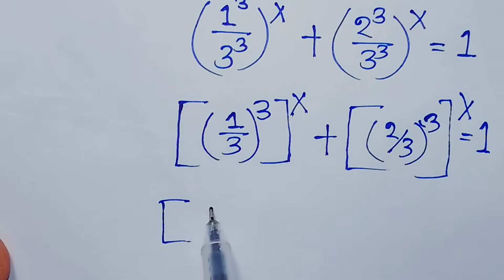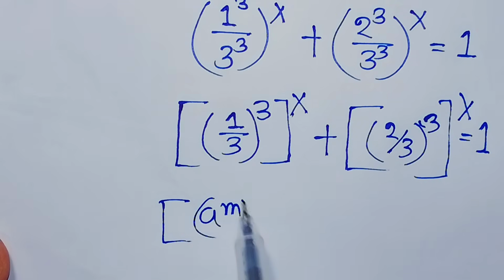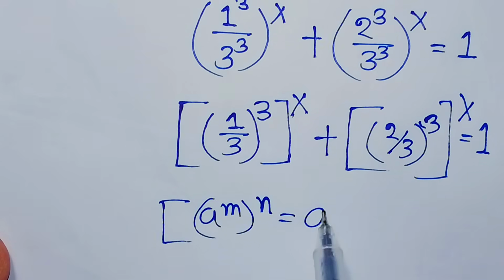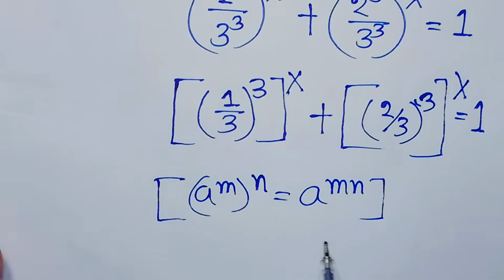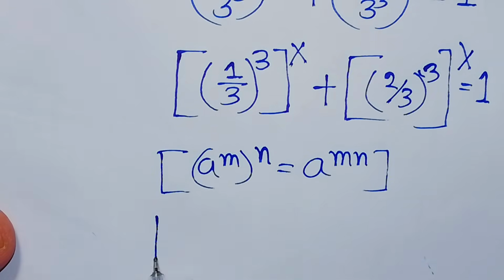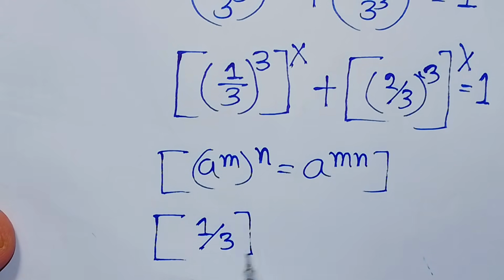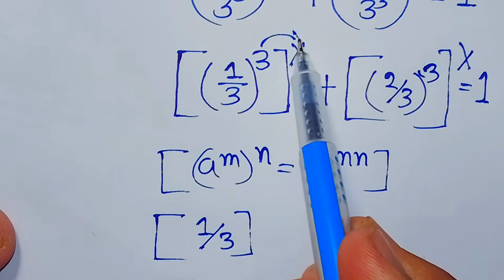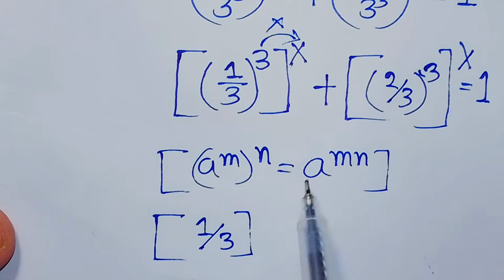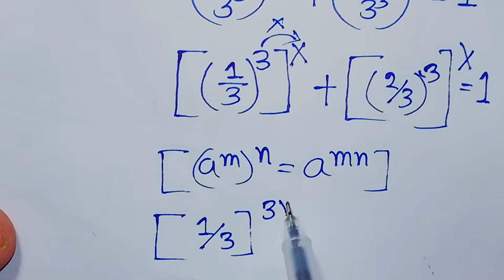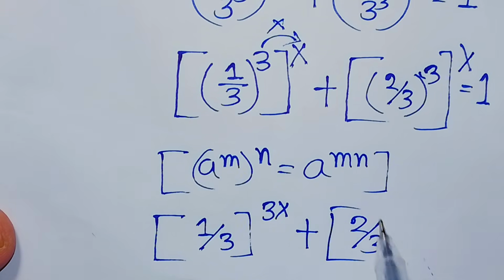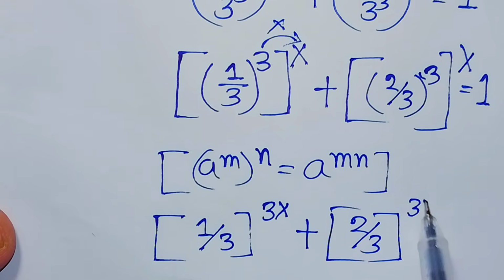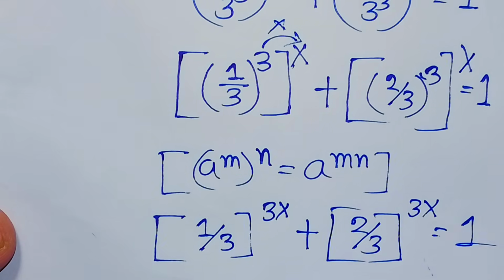So here we can use the exponential formula (a to the power m) to the power n is equal to a to the power mn. Now applying this formula, we can write (1 by 3) to the power 3x, this is mn, like 3x, plus (2 by 3) to the power 3x is equal to 1.